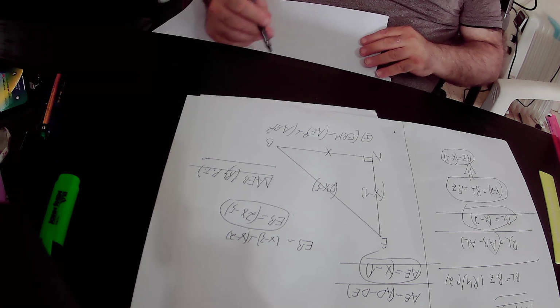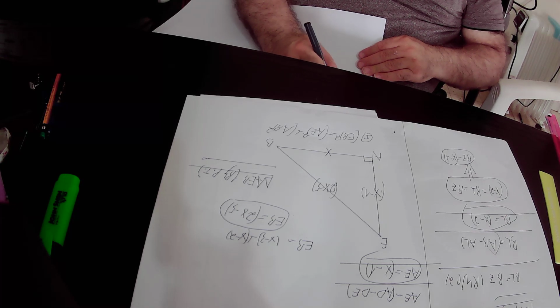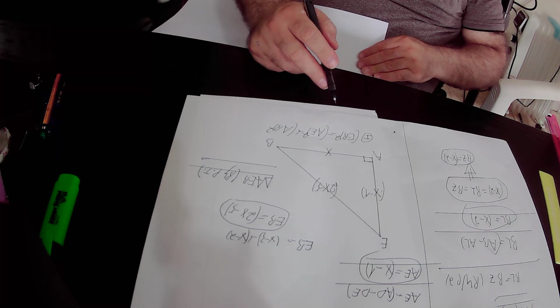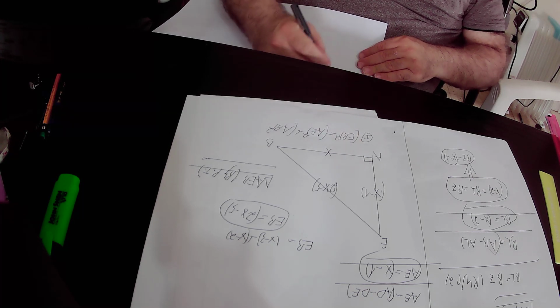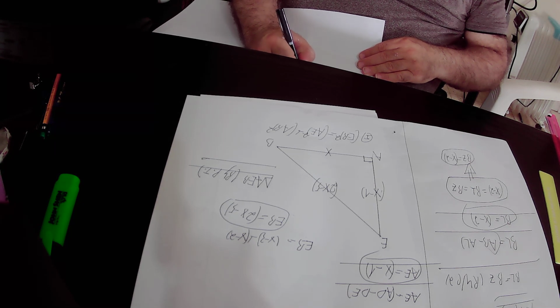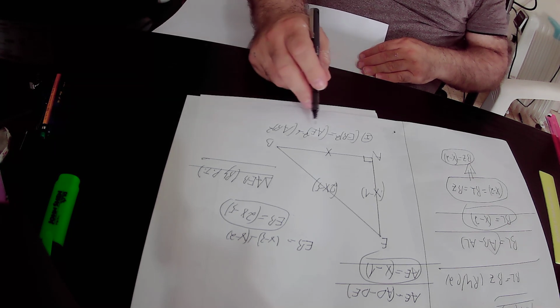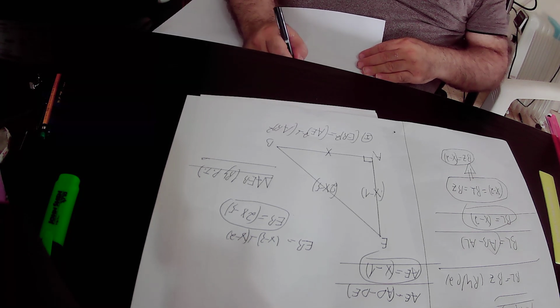The hypotenuse EB equals 2x minus 5. We substitute EB by 2x minus 5. If EB equals 2x minus 5, then EB squared will be equal to 2x minus 5 squared, and it is equal to AB squared plus AE squared. AB equals x, therefore AB squared will be equal to x squared.